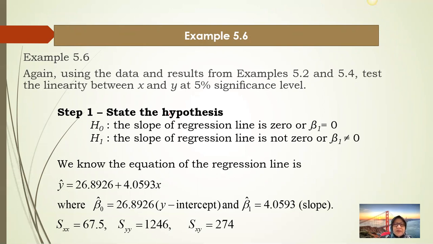From the example, we have the predicted simple linear equation, where this is beta naught hat and this one is beta 1 hat. We want to check whether beta 1 is really significant or not, and we have the summations that we calculated before.